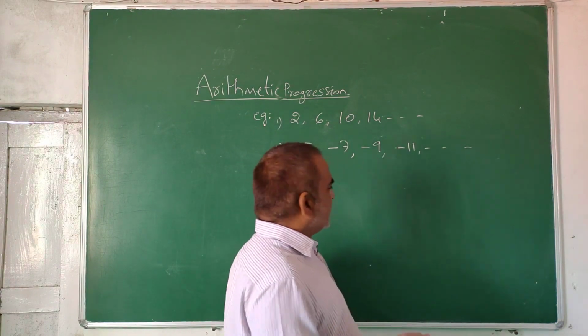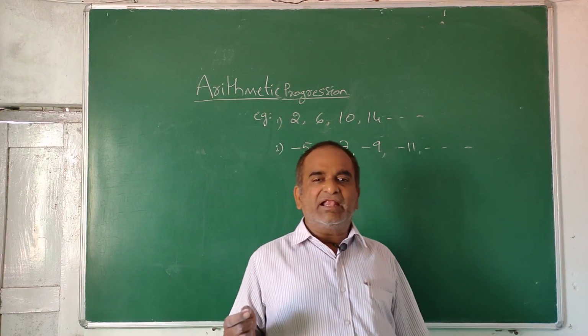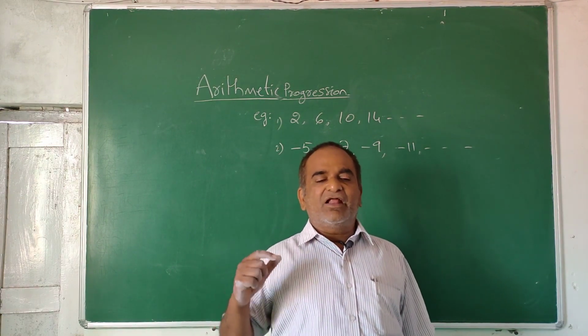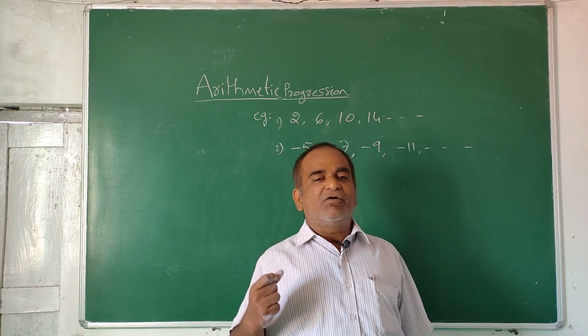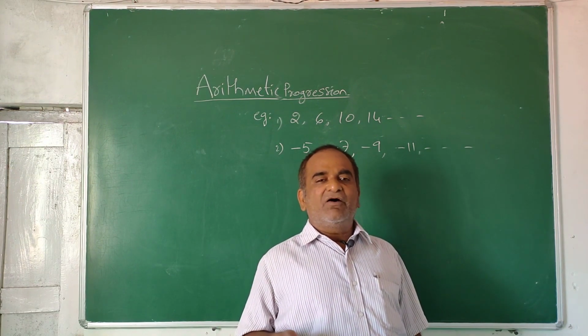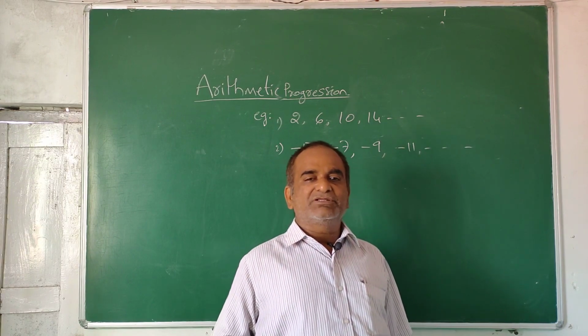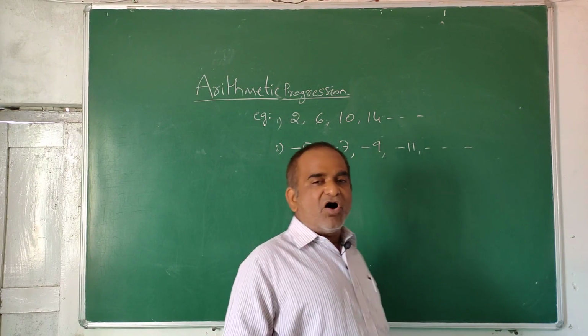Okay, and the first term is usually denoted by A. So now, considering first term as A and the common difference as D, let us write the arithmetic progression in its general form.